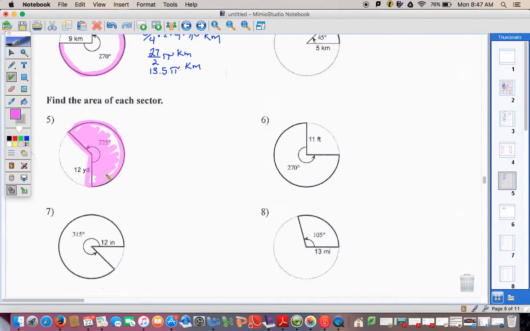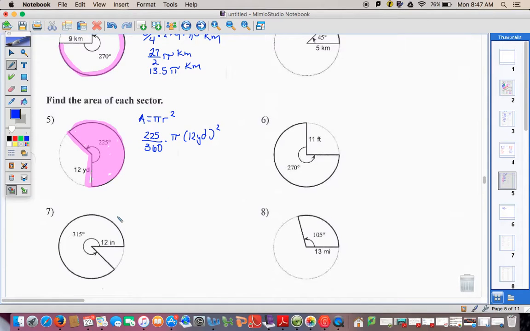We're using the area formula, but we're not looking for the entire area of the circle, just a portion of it. We've got that area is equal to pi r squared, and we're looking for 225 divided by 360, this portion of the area, times pi times 12 yards squared.